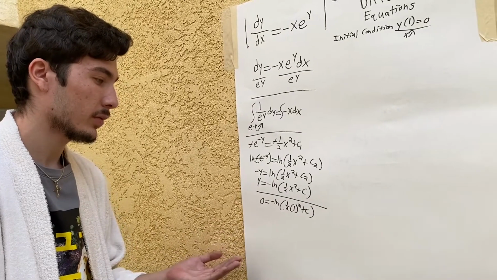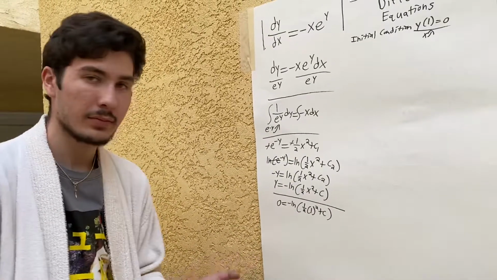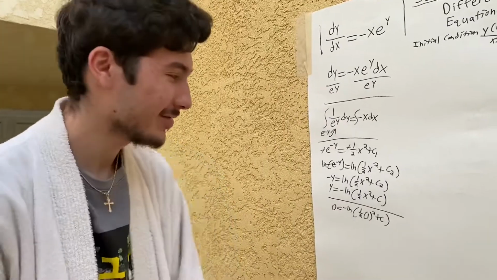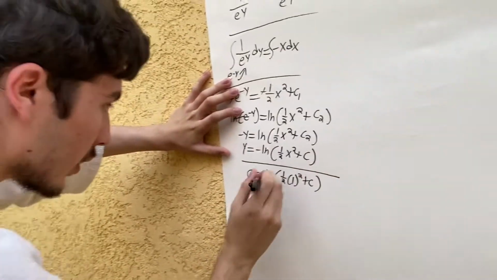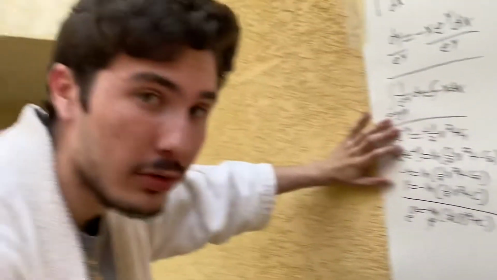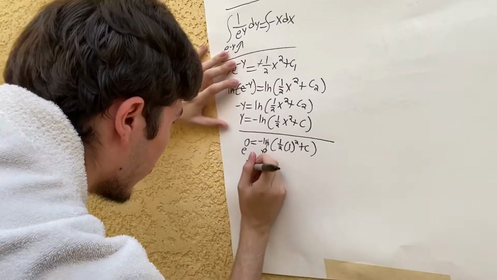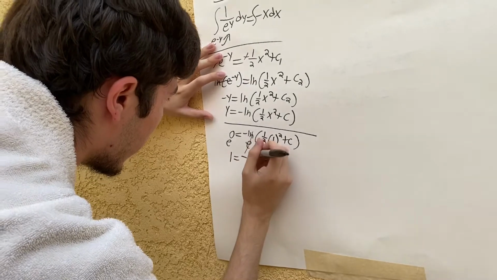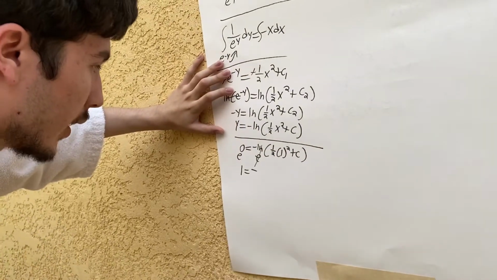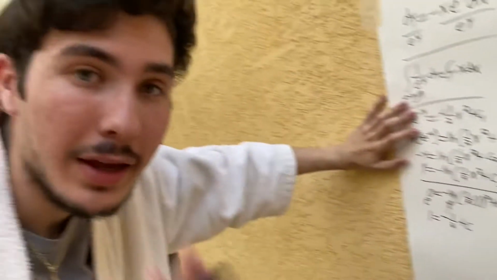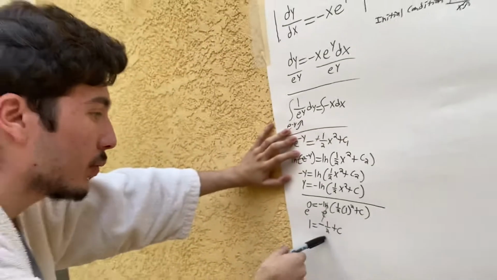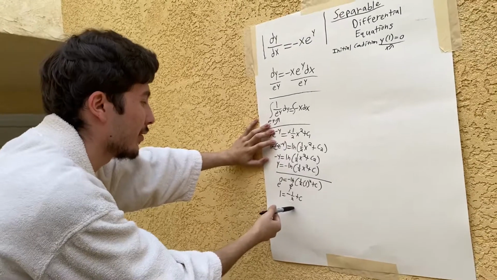Okay, so again, we have ln on both sides. So what can we do? Exactly, e. So have e on both sides. So we cancel out. e to the 0 is just going to be 1. So we're going to have 1 equals 1/2 plus c. And then, as you can see here, what minus 1/2 is going to equal 1?